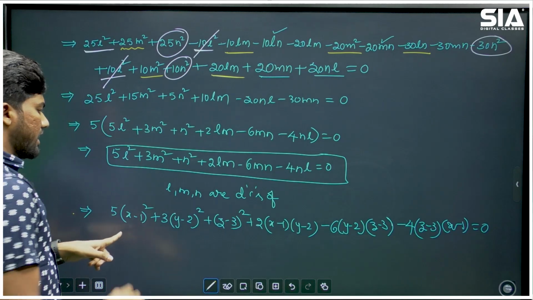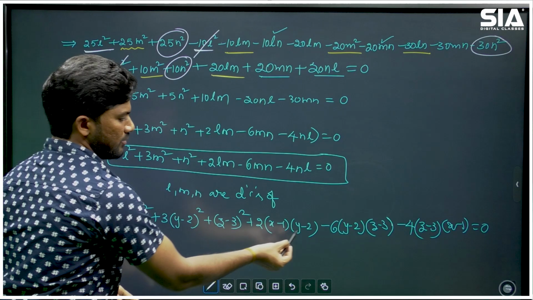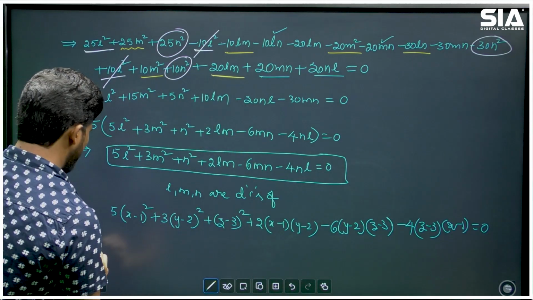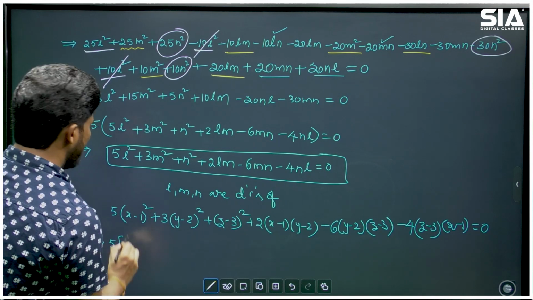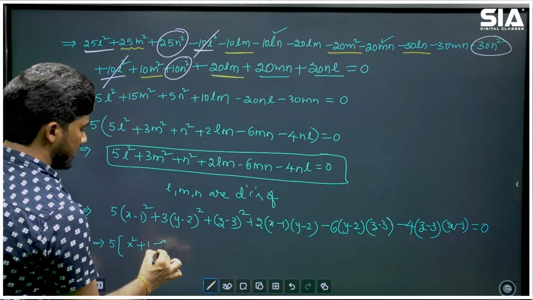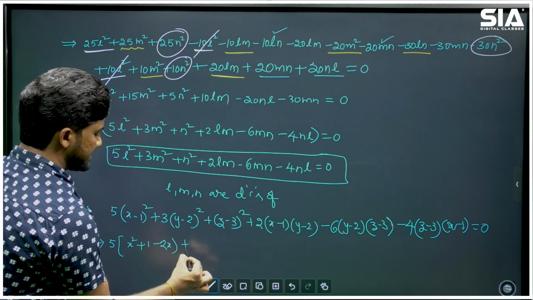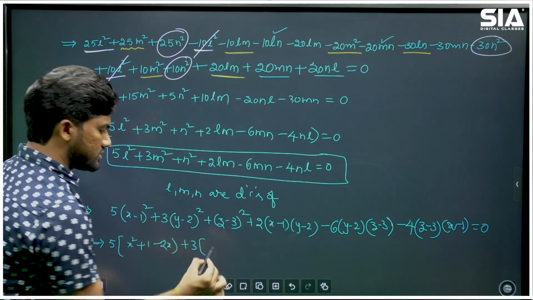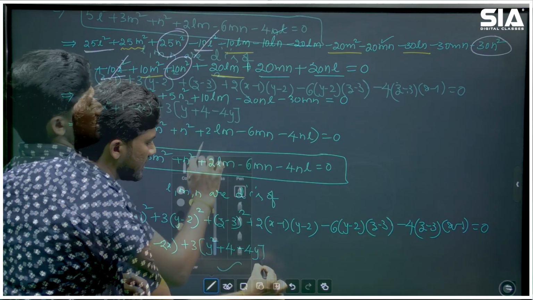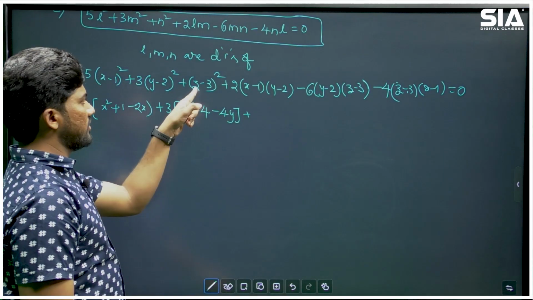Now again we have to apply that a minus b whole square formula, multiply these two factors and simplify, we'll get the final solution. So therefore 5 into x minus 1 whole square, a square plus b square minus 2ab, that means x square plus 1 minus 2x, plus 3 into y minus 2 whole square, y square plus 4 minus 4y.